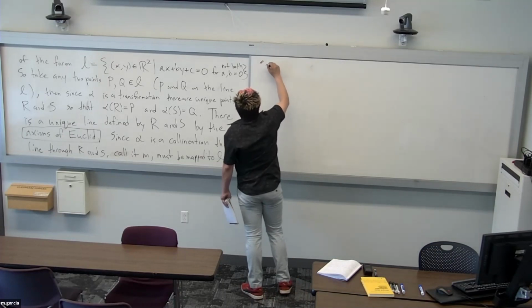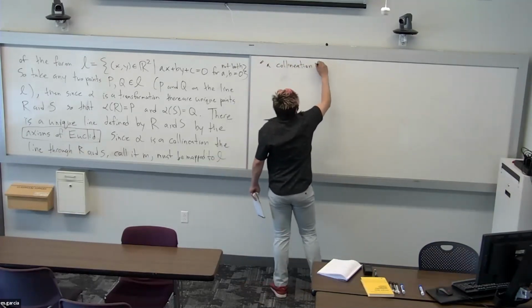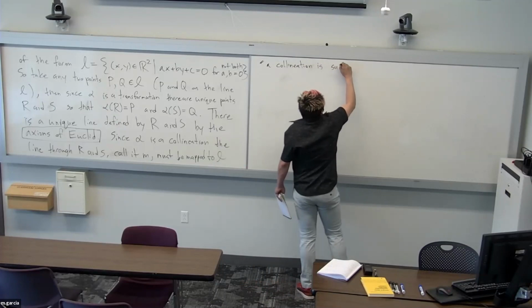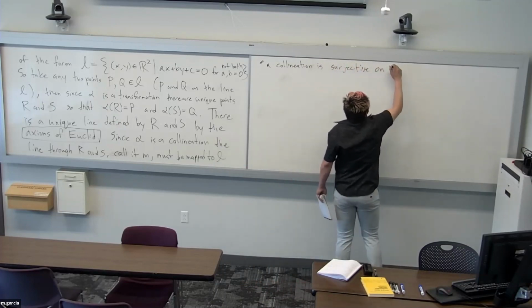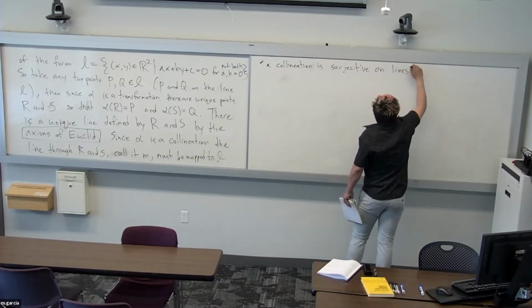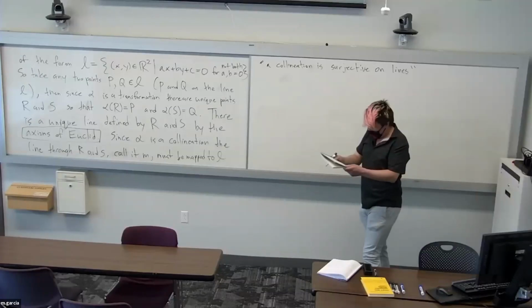Right, so what we've shown is a collineation is surjective on lines. Okay.